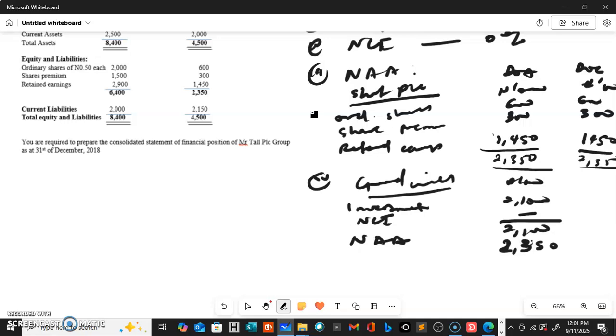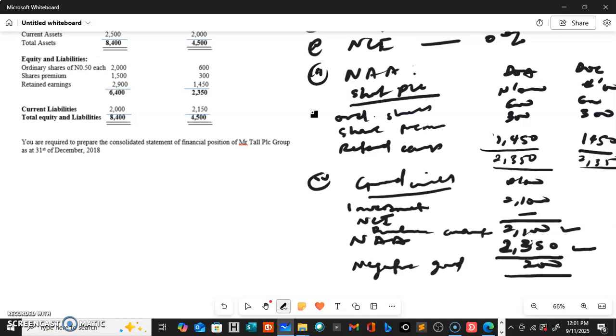So in this case, we have negative goodwill of 250, because the amount we paid, this is the purchase consideration, was 2,100 to acquire 2,350,000. This is regarded as negative goodwill, and it will be added back to the retained earnings.